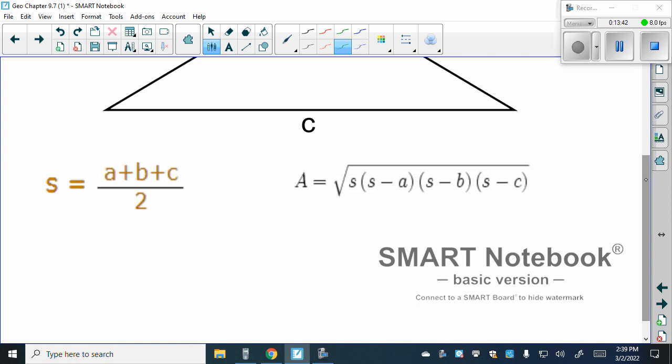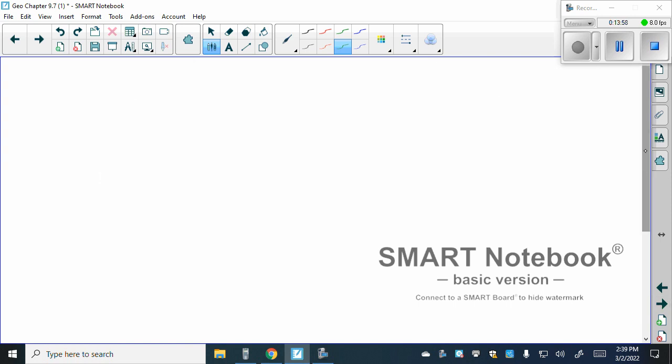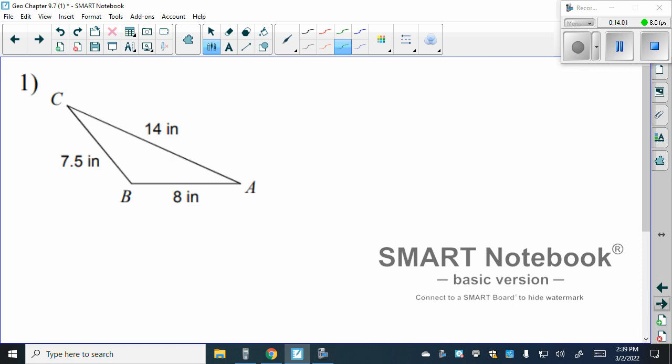Now, 10 years ago, doing this would be less accurate than actually trying to find the height of the triangle, because taking the square root of something is not quite as accurate. But with the advancement of technology, we can do this pretty easily, because most of us now carry a calculator in our pocket. So we can do this here.